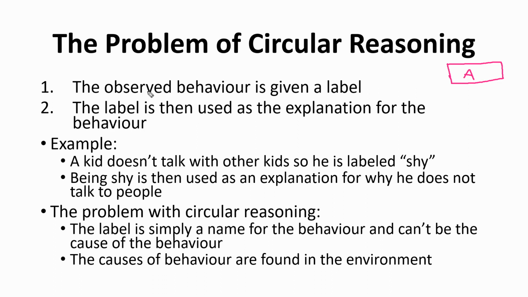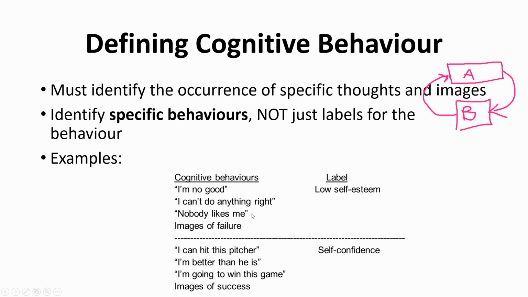So maybe we have the situation of the observed behavior is given a label. Oh, it's low self-esteem. Well, there we go. Put in argument B and a directional arrow. From our examples on the previous page, we might have this cognitive behavior of nobody likes me.